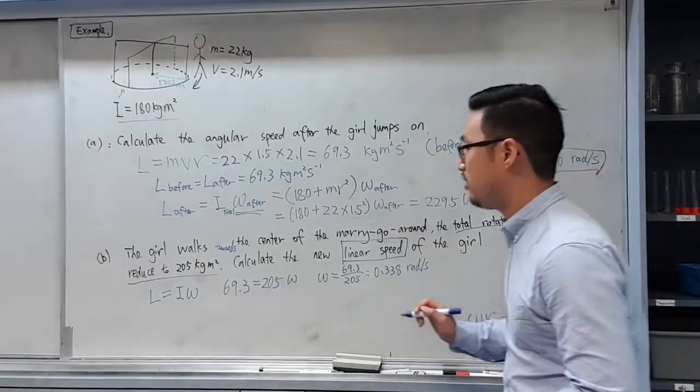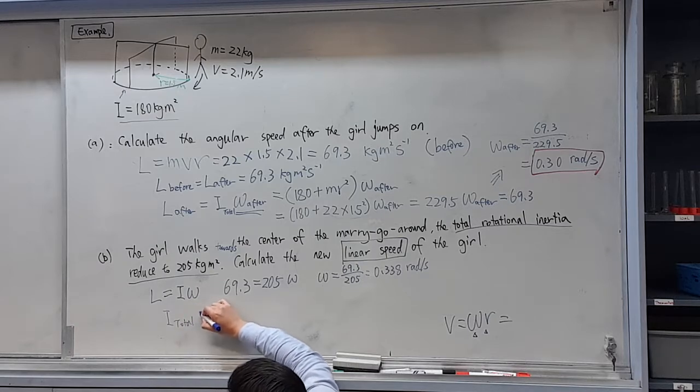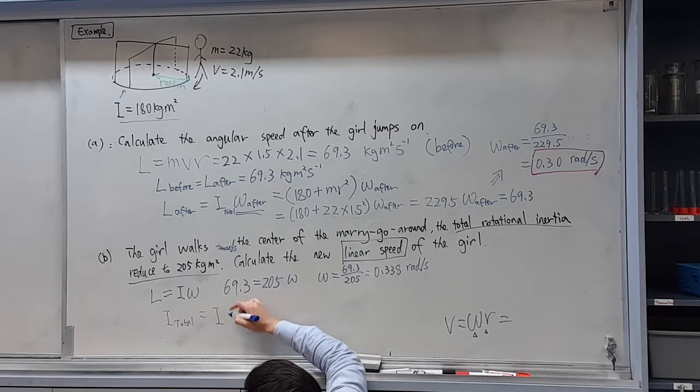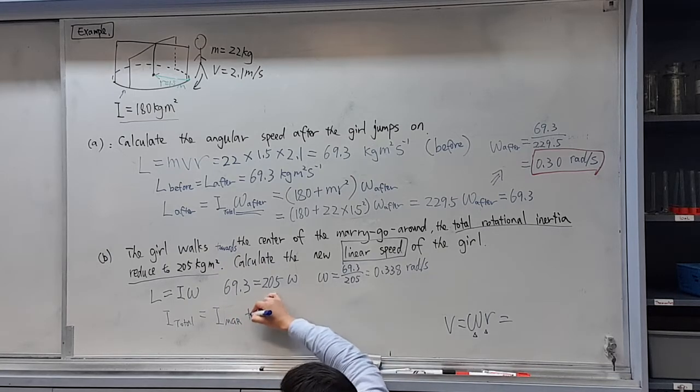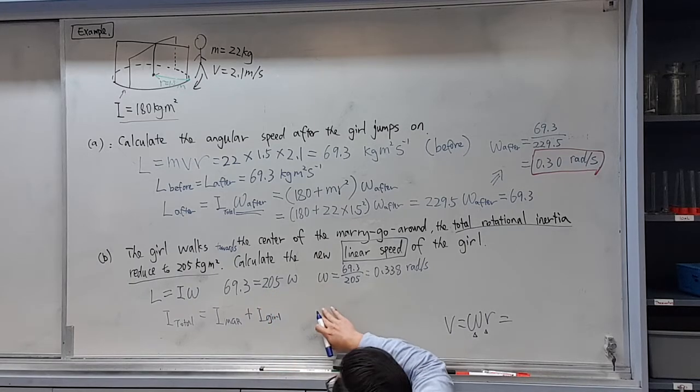Now let's come over here. The I total is going to equal the I of the cart, or merry-go-round, whatever you call it, I'll say MGR, plus I of the girl. Now I can put the numbers in.